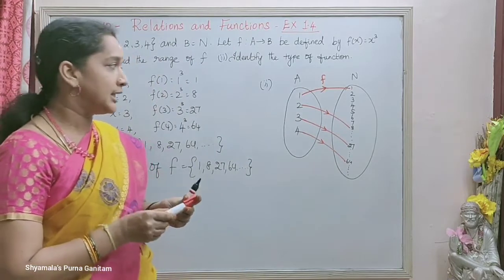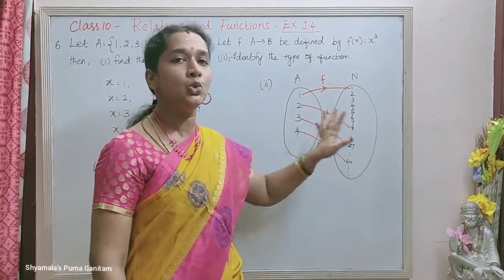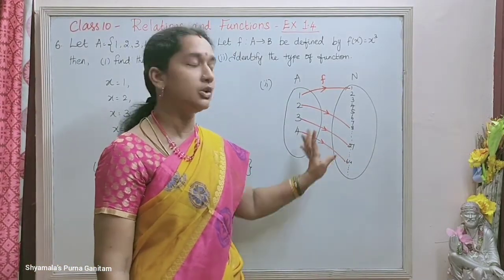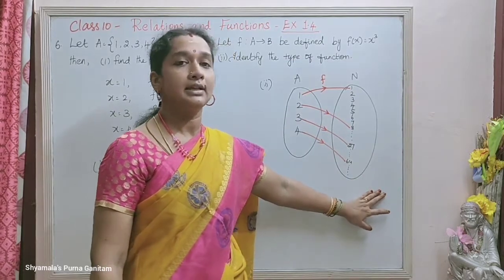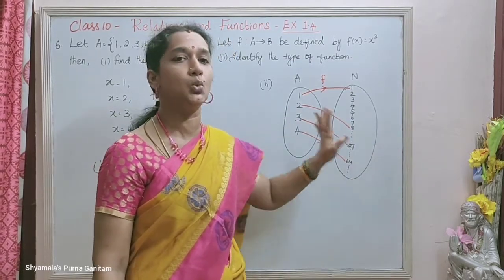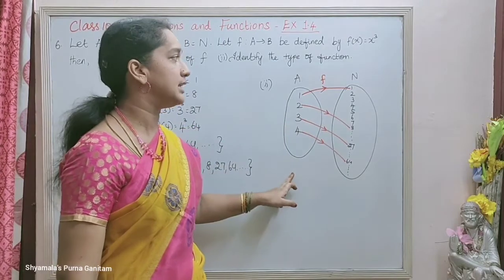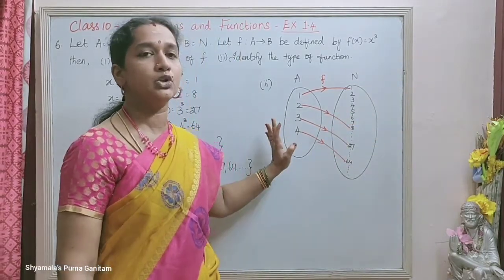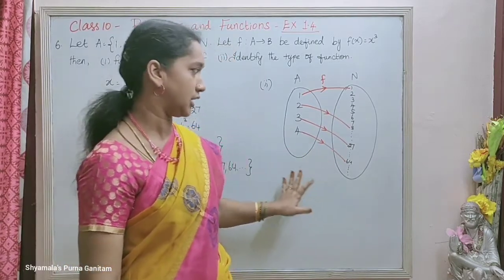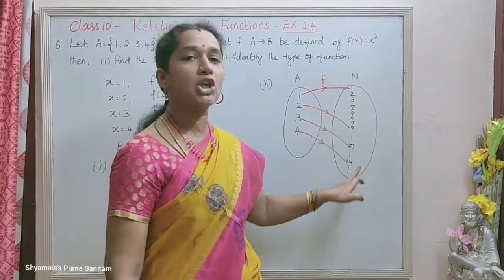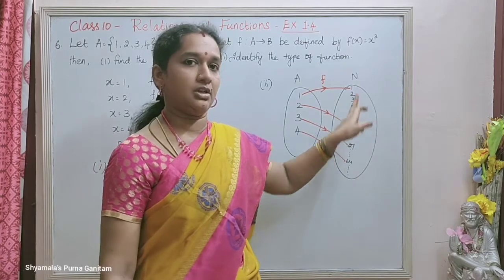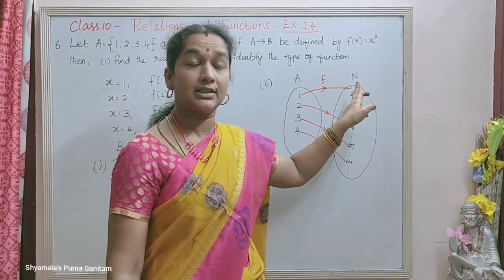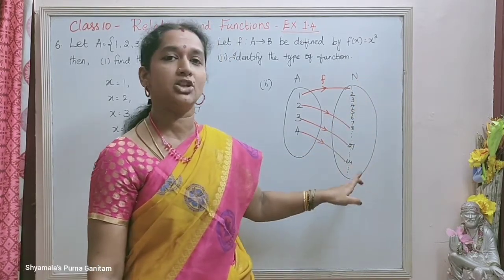So each element in A has a unique image in the next set. So this is a one-to-one function, since one element in A is related to only one element in the second set. But the codomain and the range are not equal.